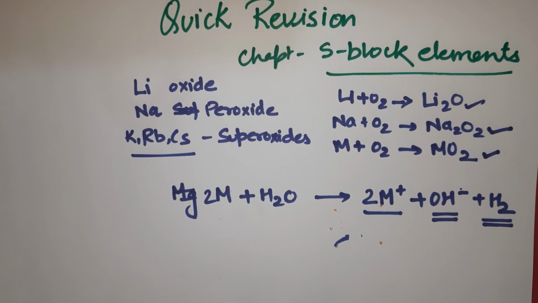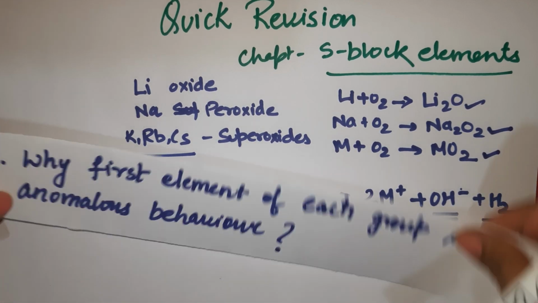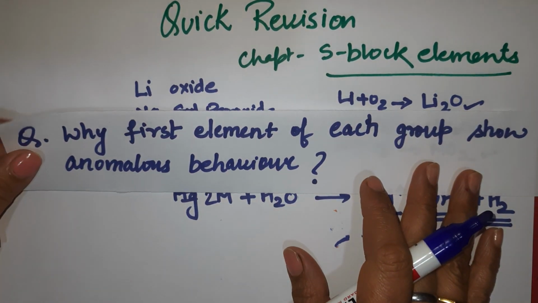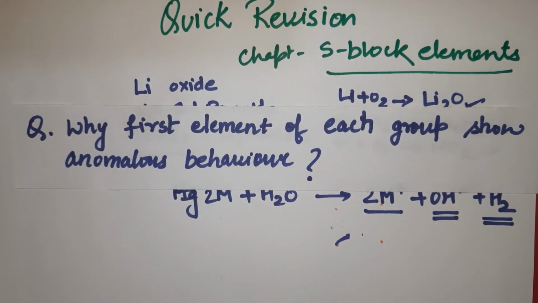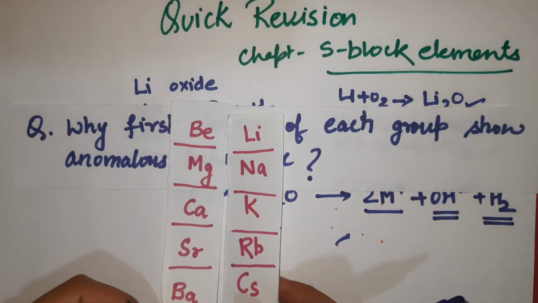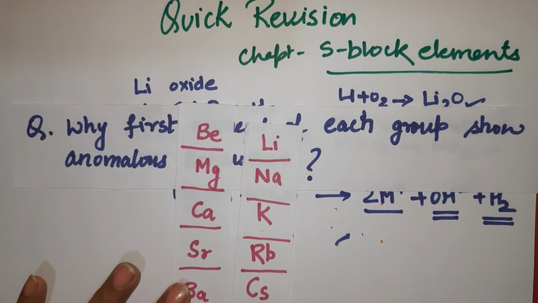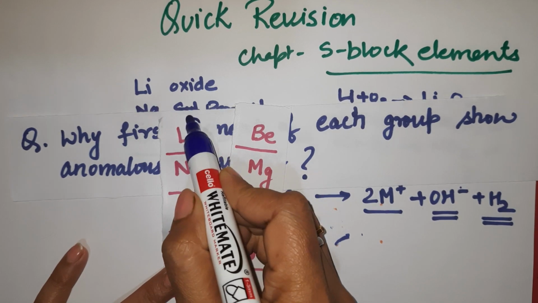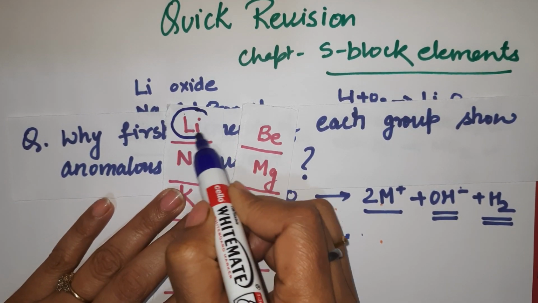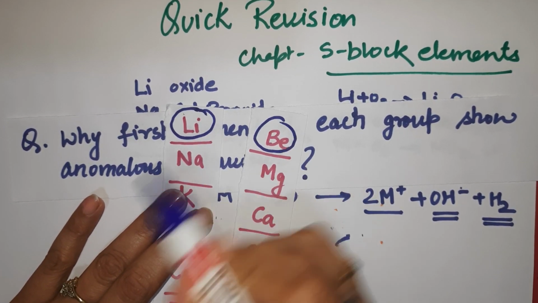Now the next question, which is also asked many times, is why the first element of each group shows anomalous behavior. The first element means I am asking about beryllium and lithium, because these two are the first elements of group 1 and group 2.